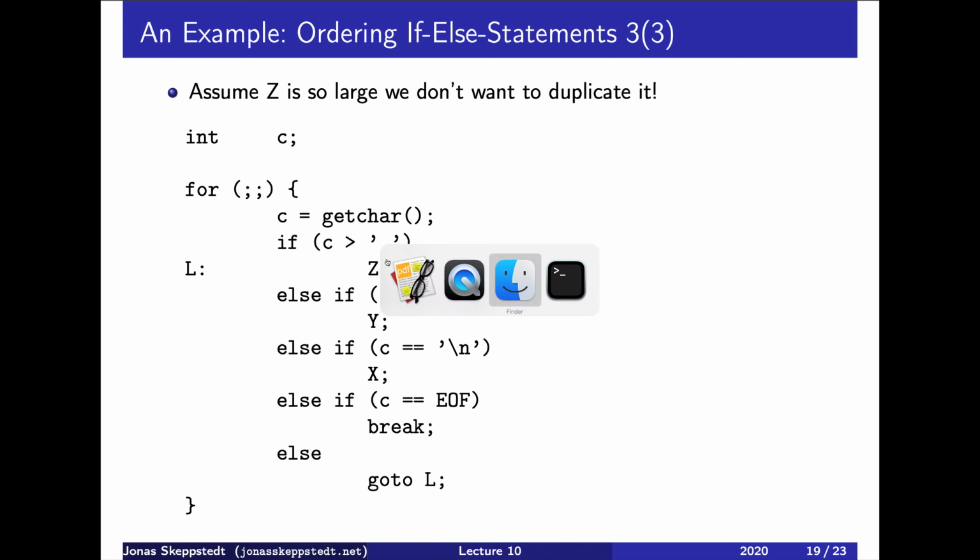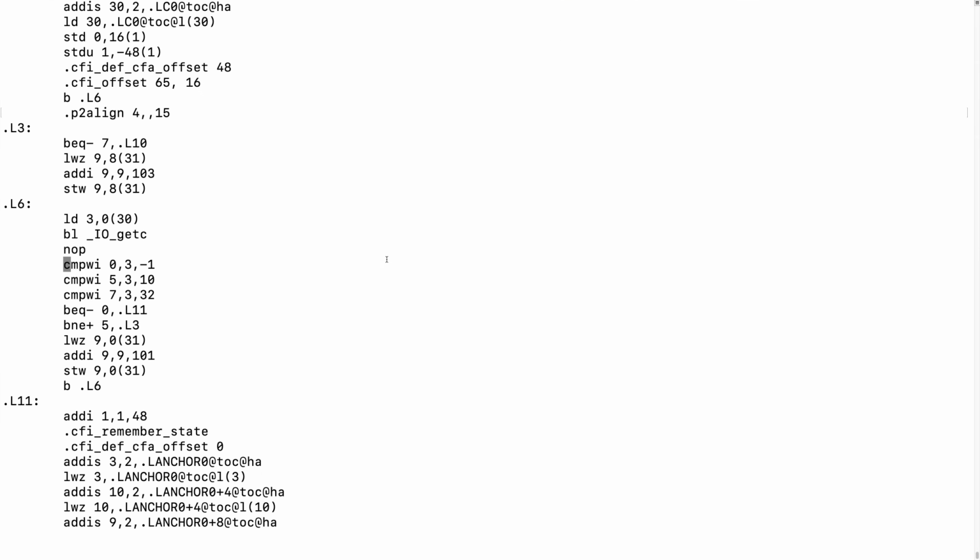I actually tested this, and this is the machine code from recompiling with the statistics. What we can see here is that it uses compare word immediate on register 3, which contains the variable c, and it compares against -1, which is end of file, and then against new line, and then against space.